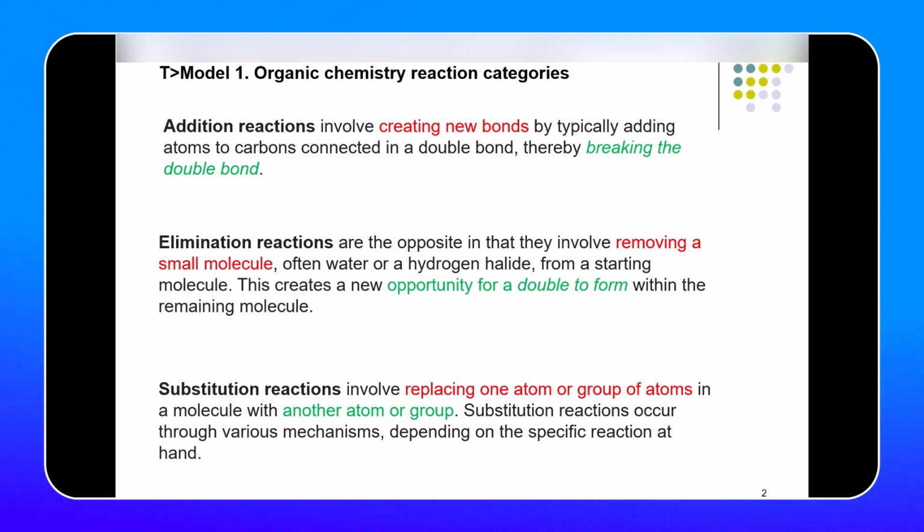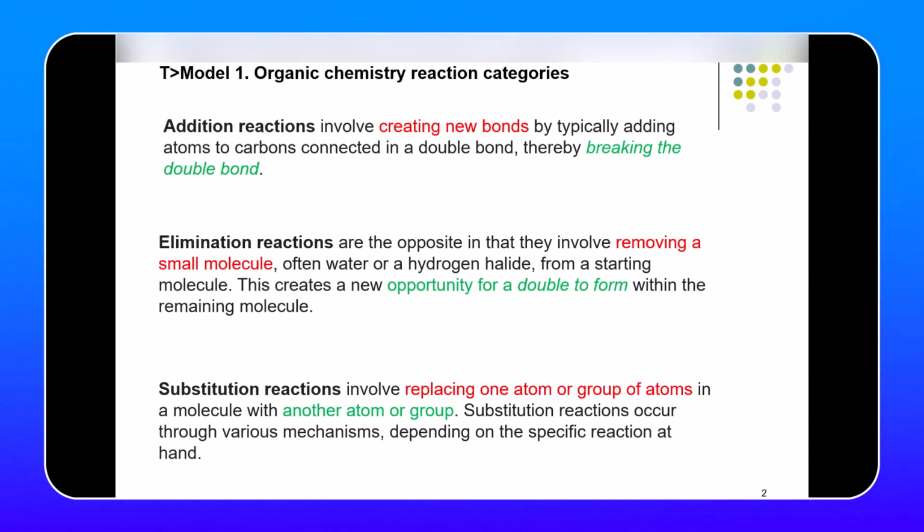As such, an elimination reaction usually results in the formation of a double bond. So addition reactions break a double bond. Elimination reactions result in the formation of a double bond. And lastly, we have the substitution reactions. As you might imagine, this involves replacing one atom or a group of atoms in a molecule with a different group. Literally, it's a substitution.